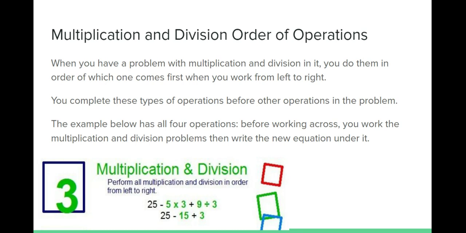So if I had a problem that had addition, subtraction, and then multiplication, I would do the multiplication first and then go back and do the addition and subtraction. So the example below has all 4 operations in it. So if you look, it says 25 minus 5 times 3 plus 9 divided by 3.